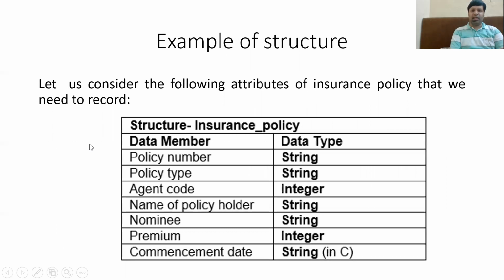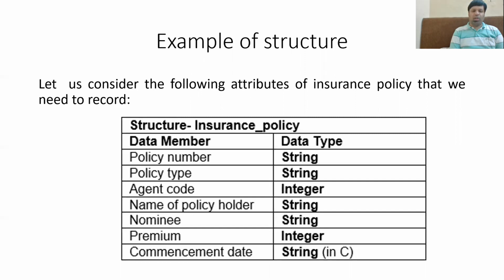So let us have an example of a structure. If you want to store the information regarding an insurance policy. Now, insurance policy is a broader term. It consists of the following attributes like policy number, the type of the policy, the agent code, the name of the policyholder, who is the nominee of the policy, premium amount, and the commencement date.